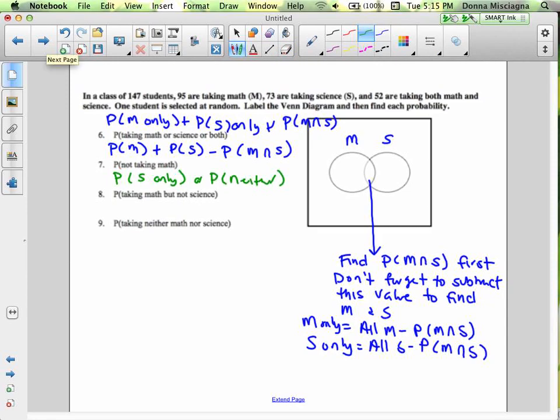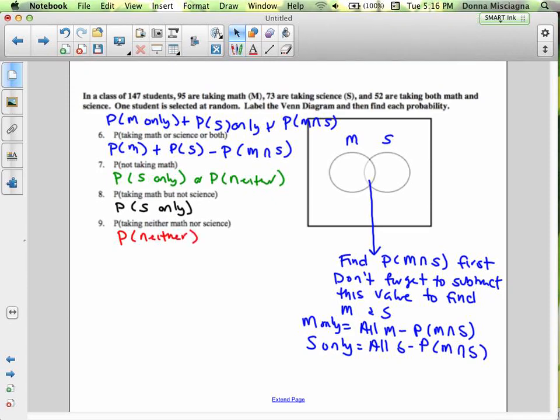Probability of taking math but not science, that'd be same thing. That would just be probability of math only. And probability of taking neither math nor science, that's the ones that aren't in the Venn diagram. So those are the probability of the neithers. They're not in the circles.